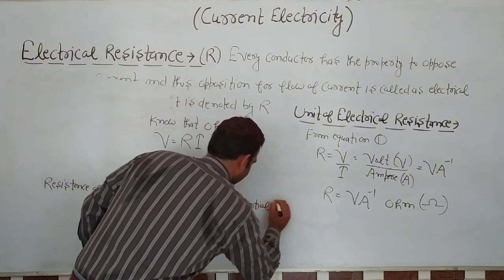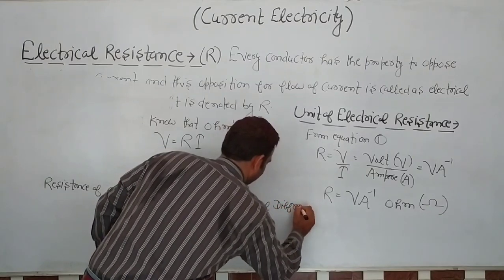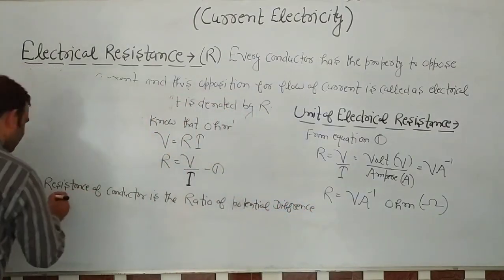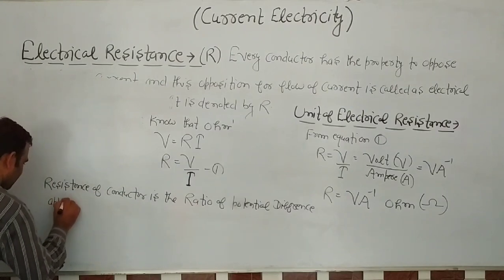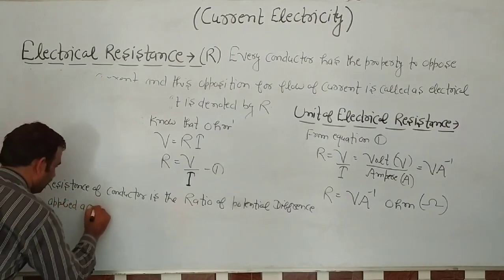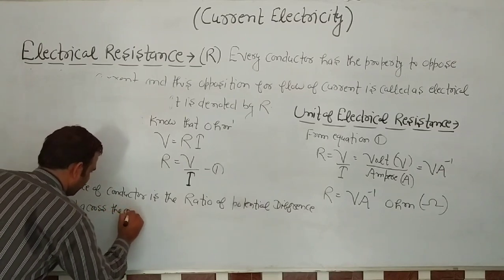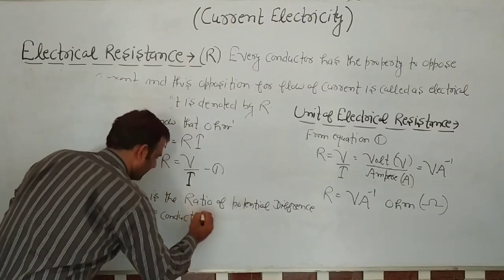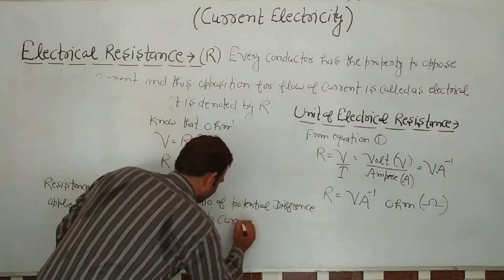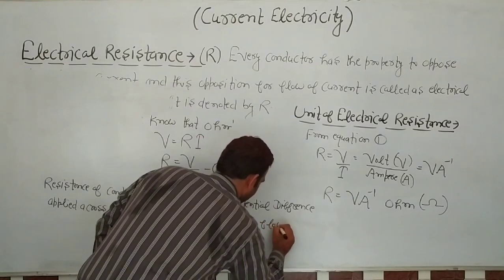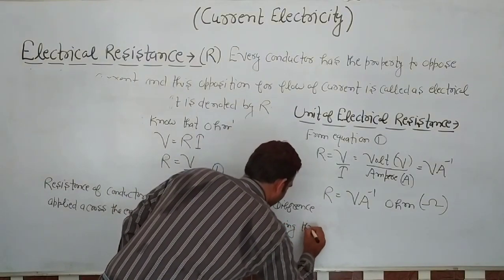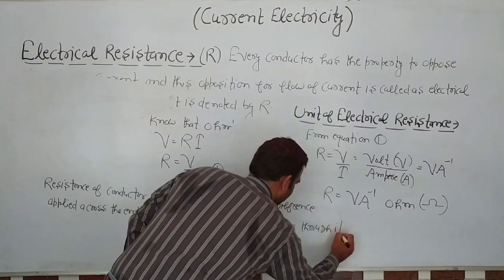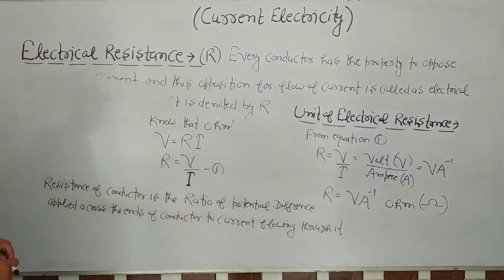Resistance of a conductor is the ratio of potential difference applied across the ends of conductor to current flowing through it.